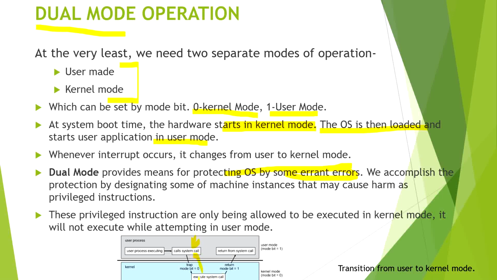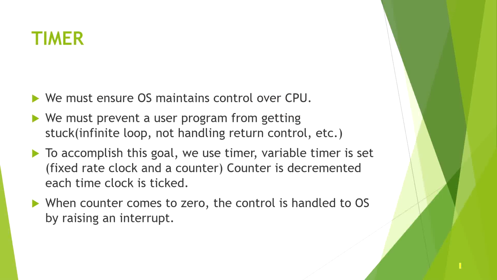Here you can see that the kernel is executing the system call, and after getting the result it will come back to user mode. So this is user mode, this is kernel mode. This is called the transition from user to kernel mode.